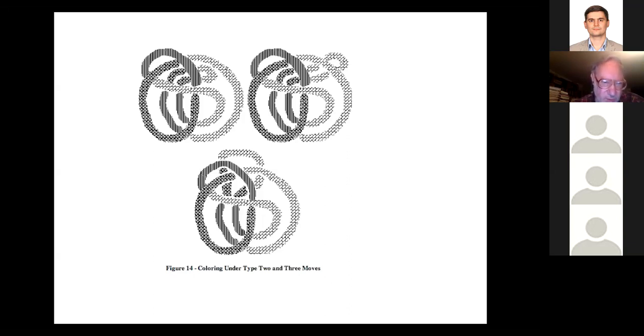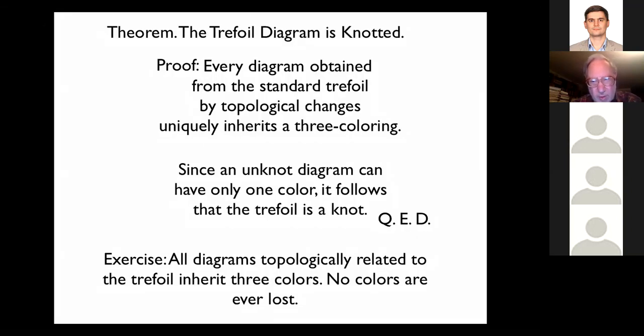And this always works if you check the cases, so that if you start with a 3-colored knot like the trefoil was, and look at any knot that can be obtained from it by moving in this fashion, then it will also be 3-colored. But the unknot is 1-colored, and there's no way to get from 1 color except to 1 color, and so there is no diagrammatic way to relate the trefoil diagram to the unknot, and we have proved that the trefoil knot is knotted.